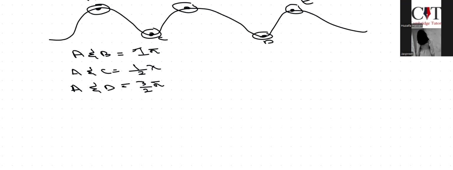Okay. So in the above question, we have calculated a phase difference using the fixed point, like we know the crest to crest, trough to trough, or crest to half a wave. But in the question, you do not always get the exact point.